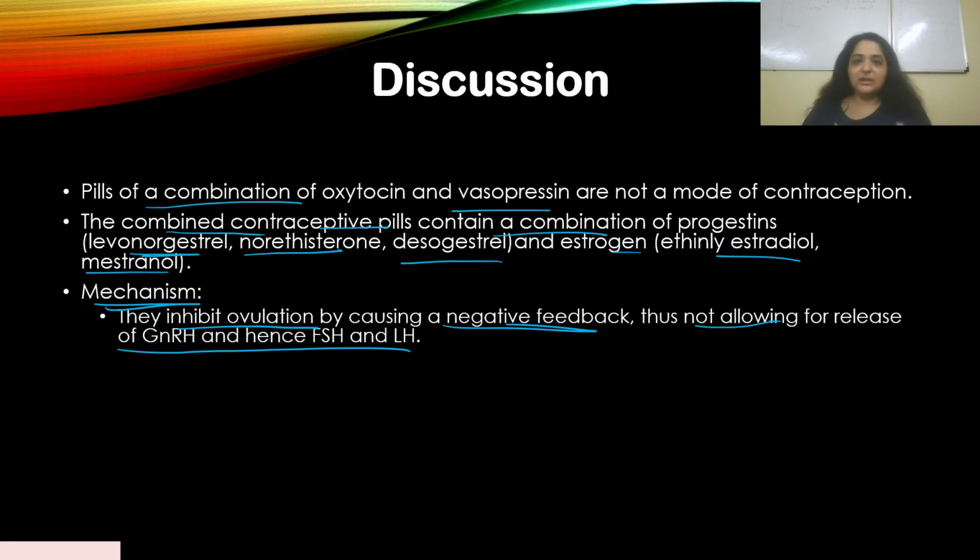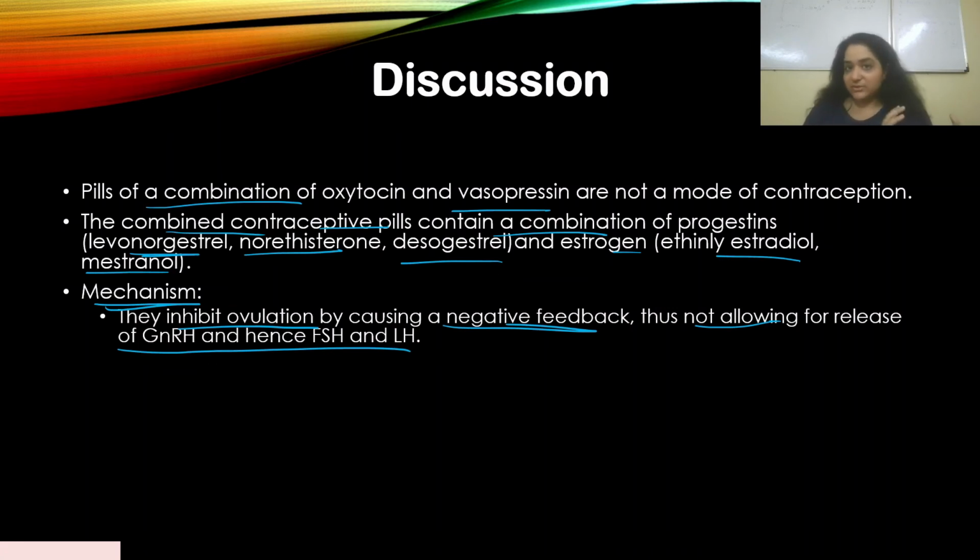So the hypothalamus thinks, okay, there's enough estrogen and progesterone in the body now, it's not my time to work and inform the pituitary gland to release FSH and LH. Because of that, it inhibits ovulation. This is how it works: it maintains a high level of estrogen and progesterone, and that disrupts the negative feedback.